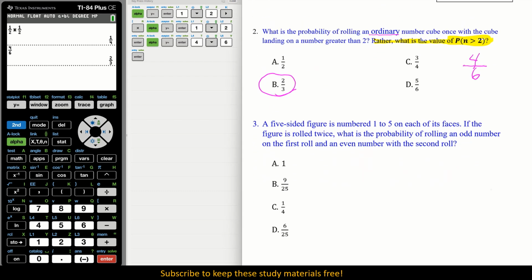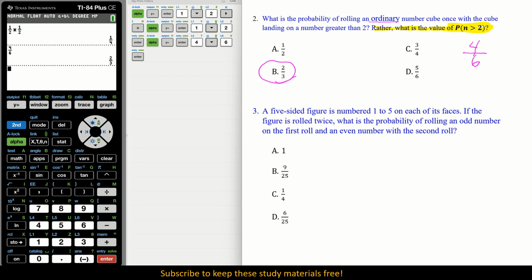Okay, let's go to number 3. A five-sided figure is numbered 1 to 5 on each of its faces. Well, that isn't ordinary. Number 2 said ordinary number cube. This isn't ordinary, and it's not a cube. So we know that we're going to have five total outcomes. If the figure is rolled twice, what is the probability of rolling an odd number on the first roll and an even number on the second roll?